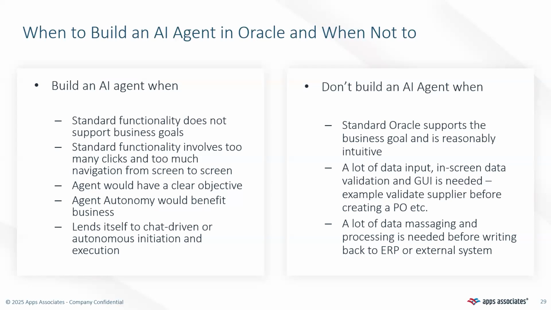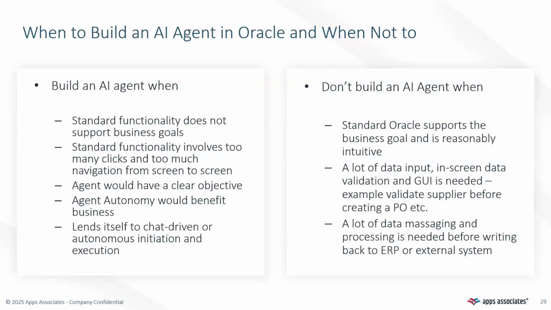When do I not want to build an agent? I don't want to build an agent when, frankly, Oracle currently supports that business goal and it's reasonably intuitive, and they basically just do it better than an agent could.